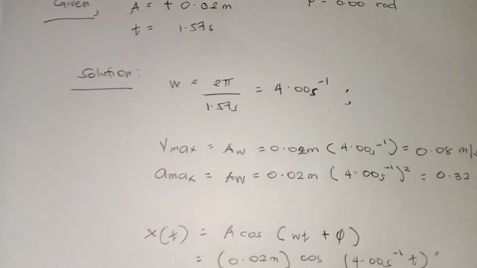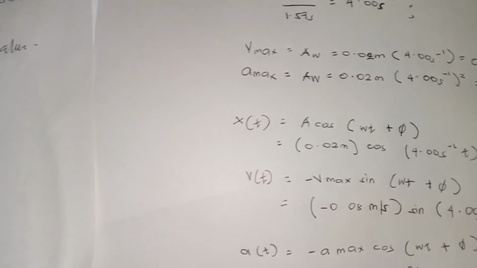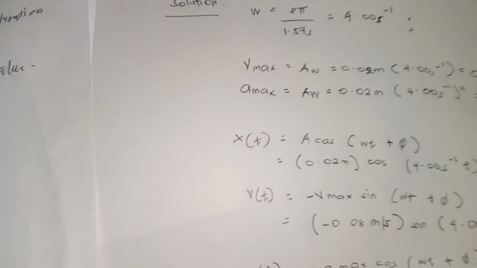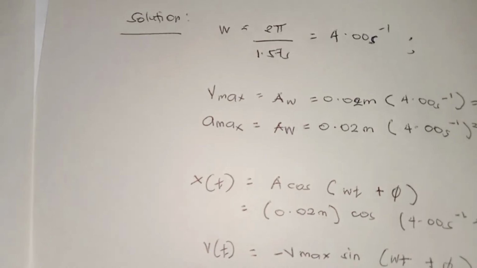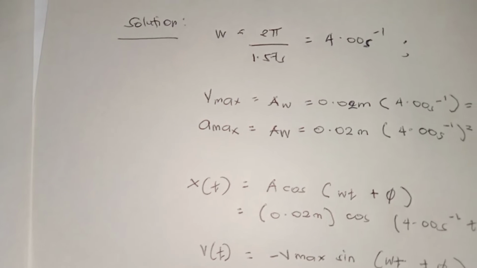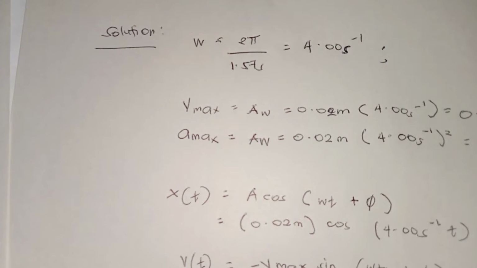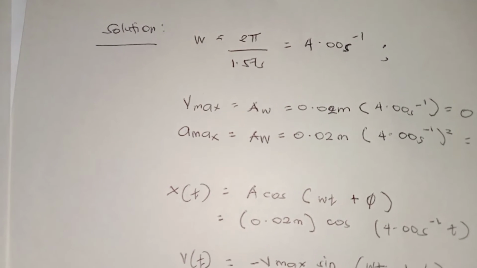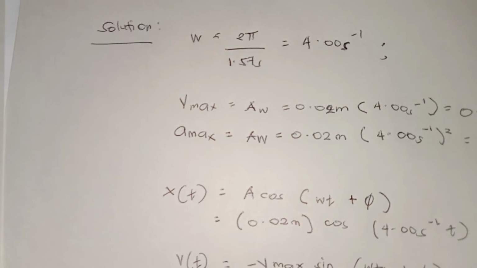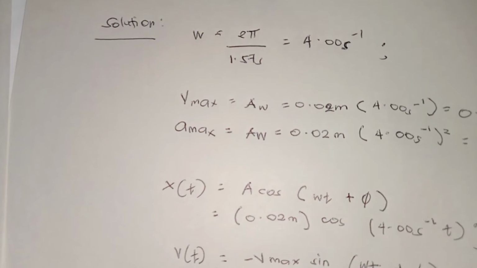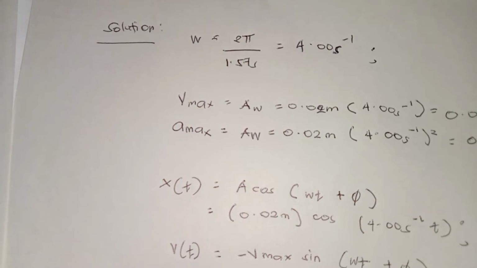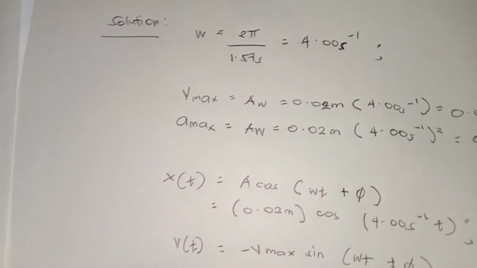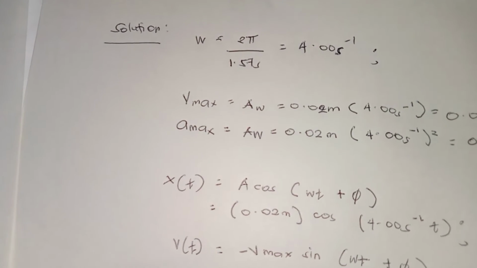And for the v max, or the maximum velocity, it is 0.02 meter times 4.00 seconds to the power of negative 1, so we derive the answer 0.08 meters per second.